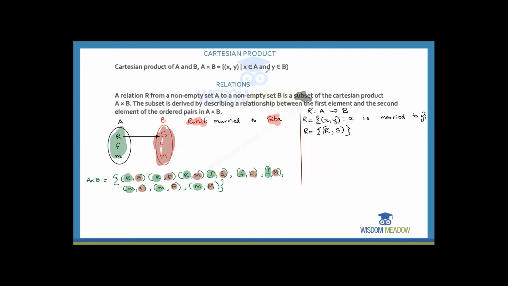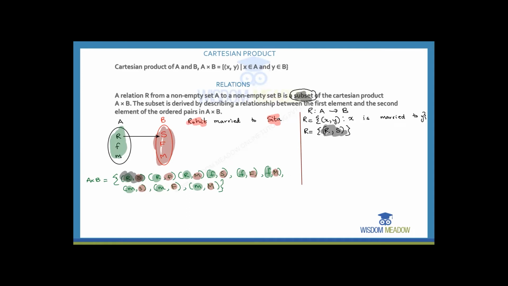Now you could see that this RS, the ordered pair, is a set contained in A cross B. So a set contained in A cross B, we have seen in the previous slide, that is called the subset.